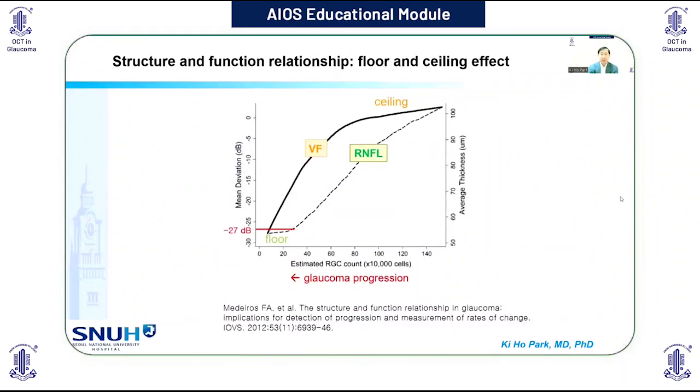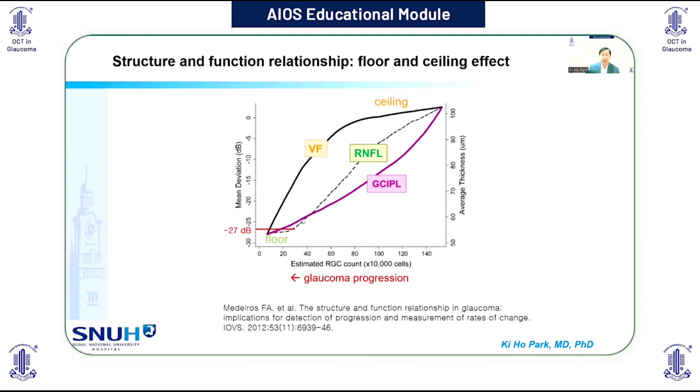So in addition to this visual field and RNFL curve, we may add a GCIPL curve like this. At the beginning, GCIPL change was better than visual field or RNFL change because the change is faster in early cases.